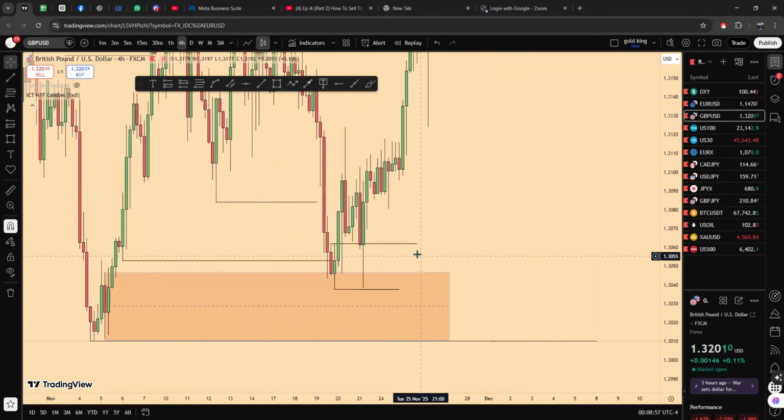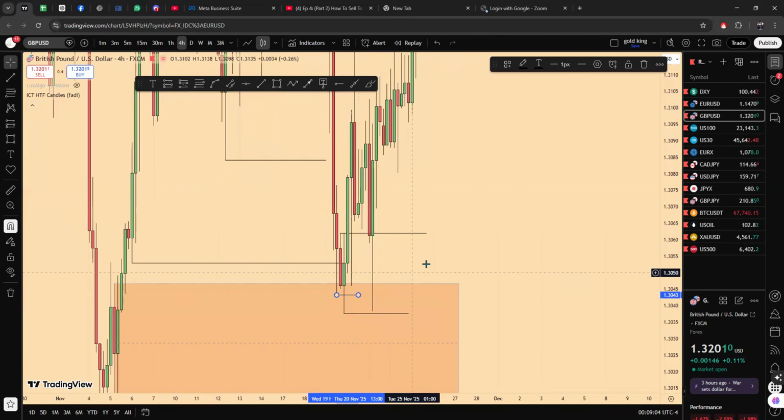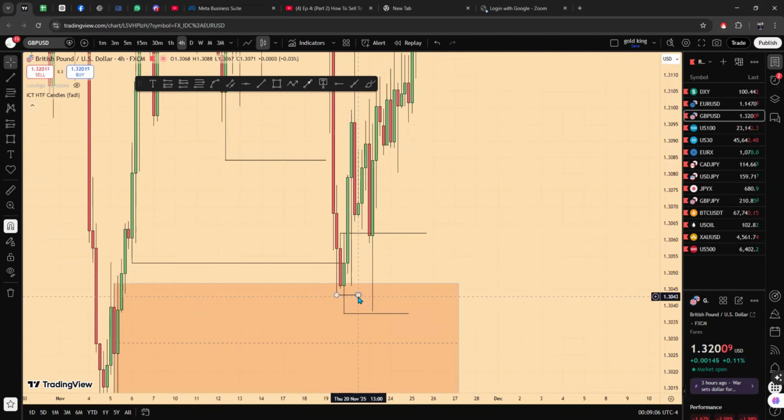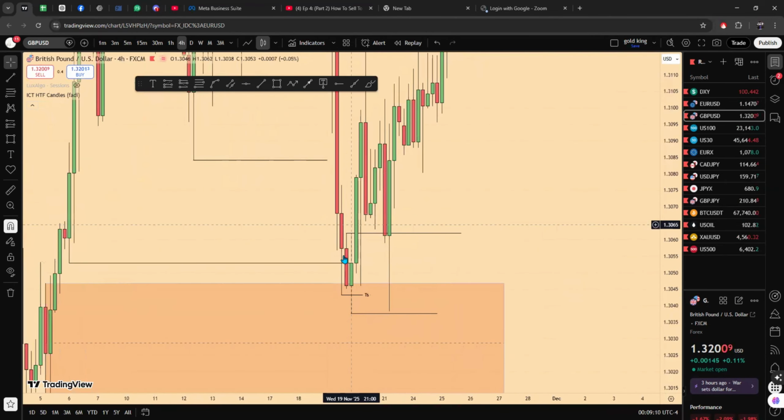And then waiting for confirmation, what you have here is that price literally stop hunted the first touch of that point of interest. So this is your valid point of interest, which makes this model one entry reliable. Okay, because this is the first mitigation of this point of interest.